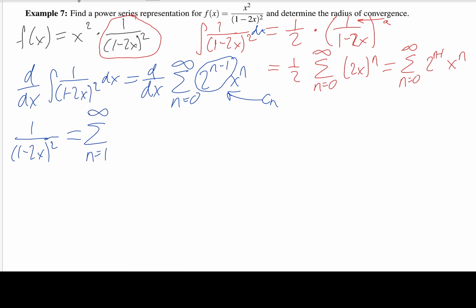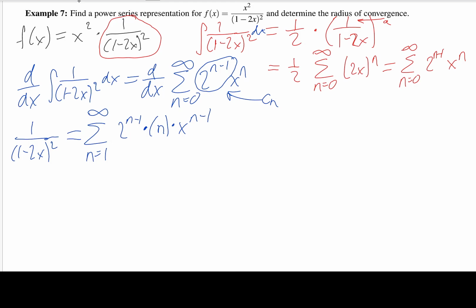Just checking real quick, we have an x to the n here, so that does mean that we'll start this series off with a constant. That's why I'm starting at n equals 1 to infinity. And then this should be c sub n, which is 2 to the n minus 1, times our exponent of x, so this is times n, times x to the n minus 1.